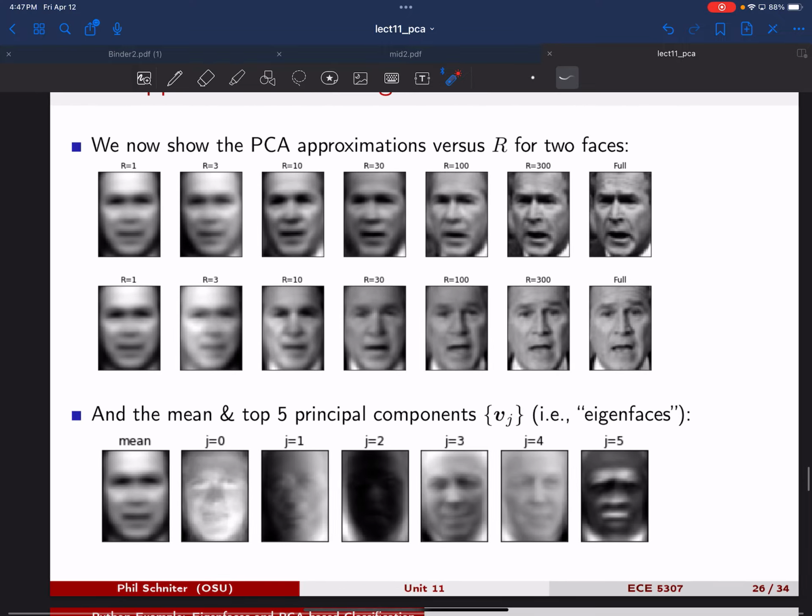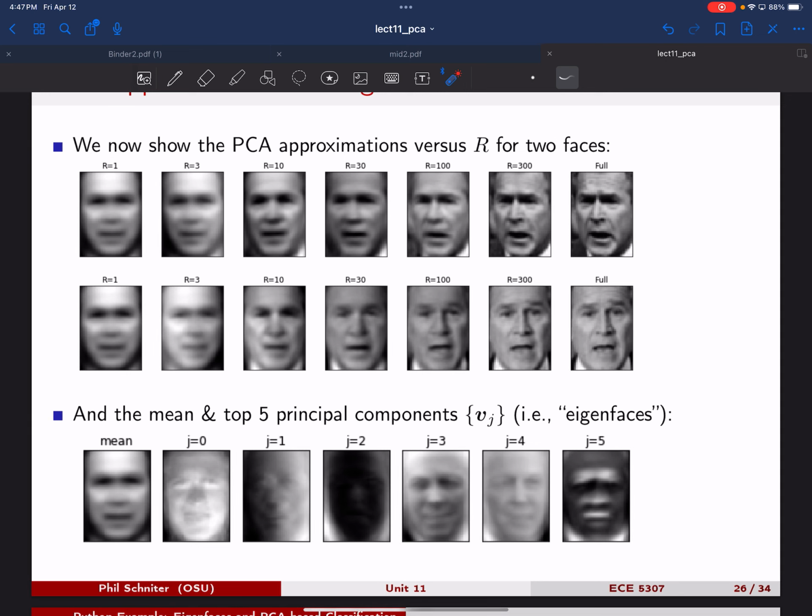So now let's look at the principal components themselves. Remember that to do this approximation, what you're doing is you're taking the mean face, the mean face over the entire data set, and then you're taking this single eigenvector and scaling it by some scalar value zi. This would have one value of zi, this would have another value of zi, and those values of zi would just scale this, which you would add to your mean.